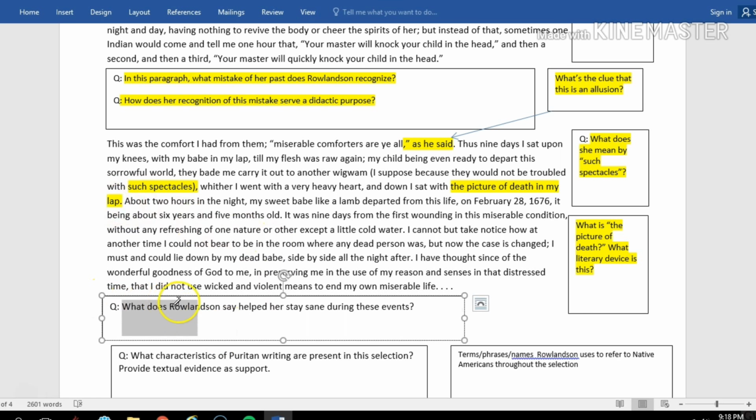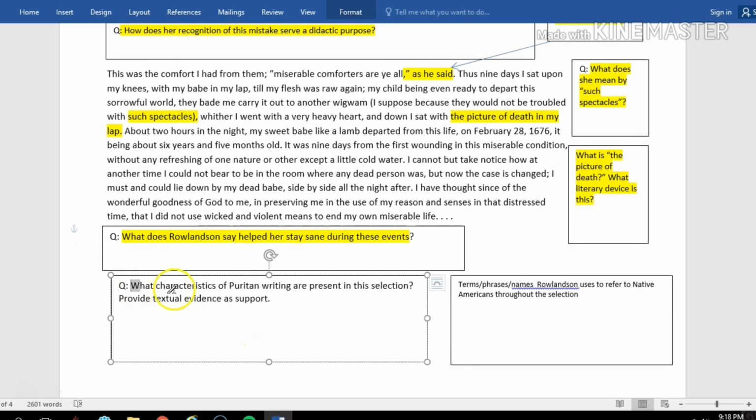What does Rowlandson say helped her to stay sane during these events? What characteristics of Puritan writing are present in this selection? Provide textual evidence as support. Terms, phrases, and names Rowlandson uses to refer to Native Americans throughout the selection.